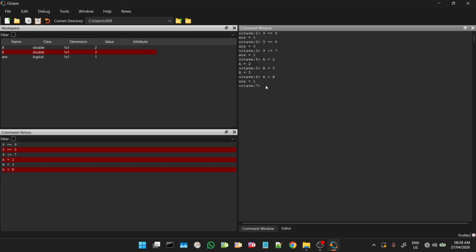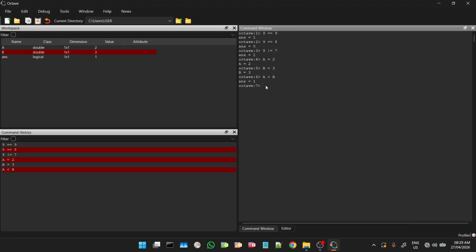As you know, there are a few well-known relational comparisons: is it equal to, is it not equal to, is it greater than, is it less than, is it greater than or equal to, is it less than or equal to, and so on and so forth. Those are the relational operators.